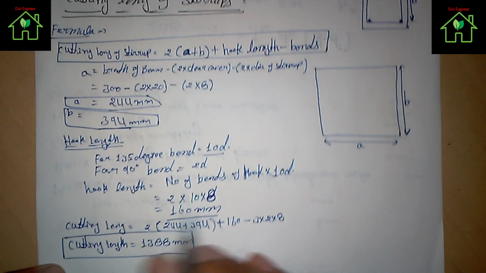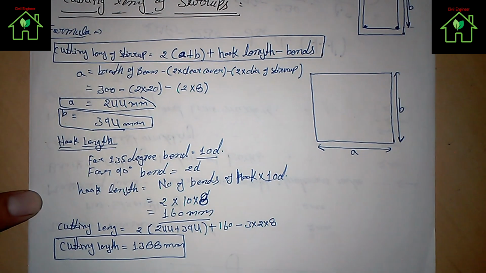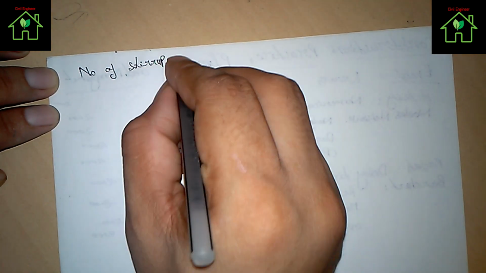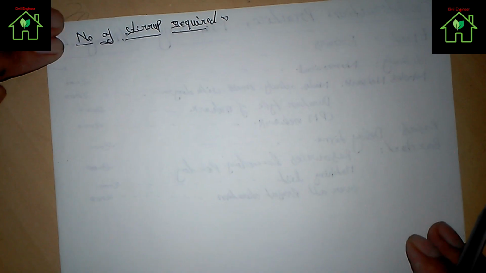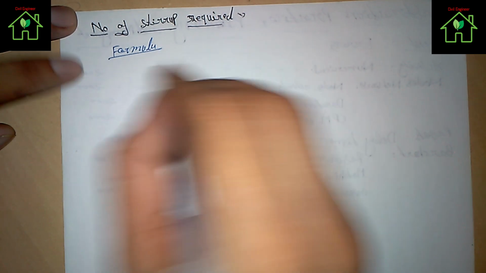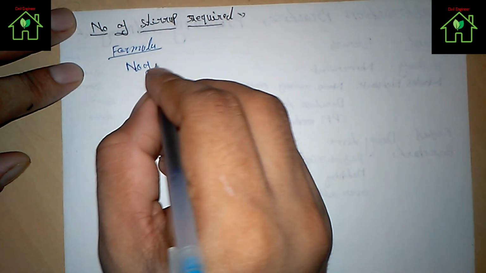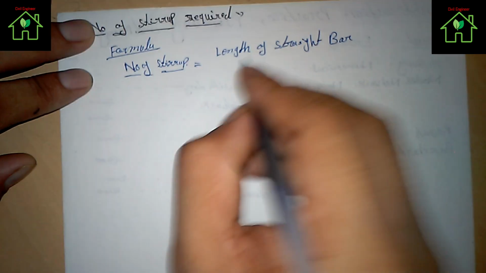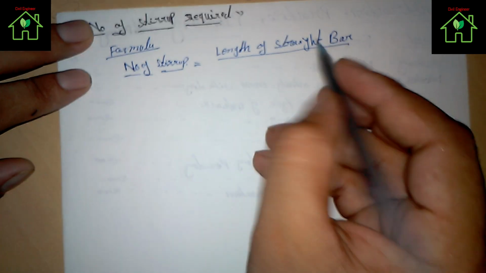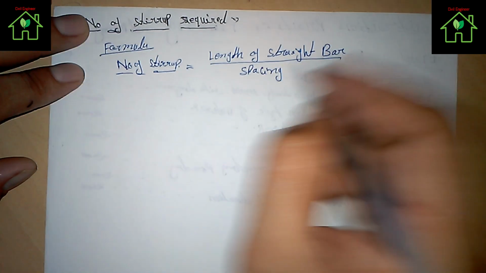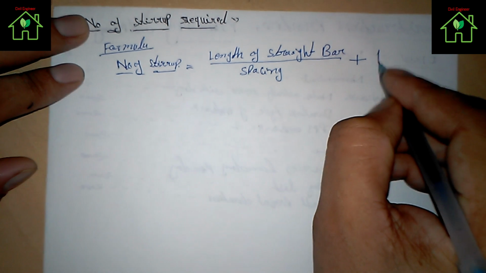After that, we will calculate the number of stirrups required. How many stirrups are required? So we have the formula: number of stirrups is equal to length of straight bar upon spacing, plus 1.